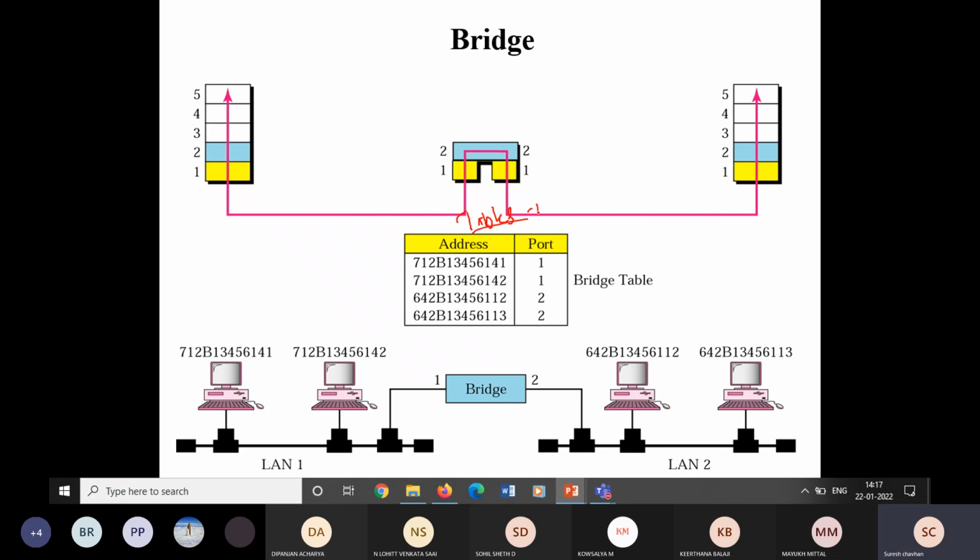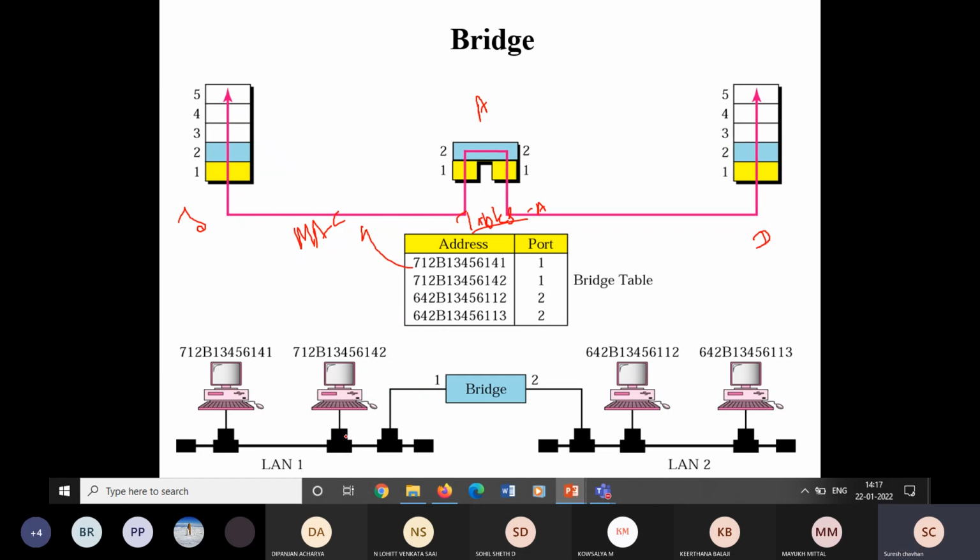We are having the table at bridge A. So this is the source and the destination, and the source has to send the data to D, and this bridge will be having the addresses. What are these addresses? These are the MAC addresses, the physical addresses, and these are the ports.